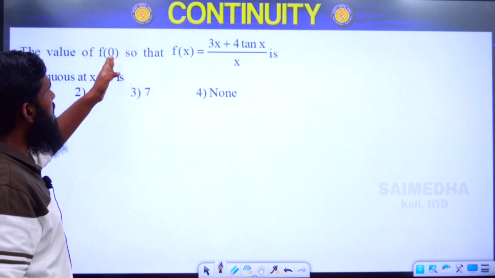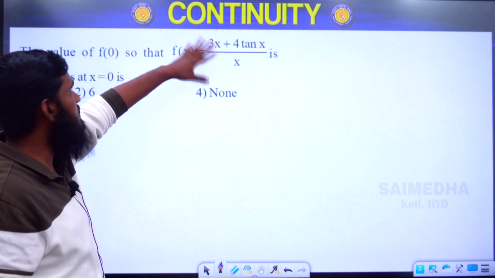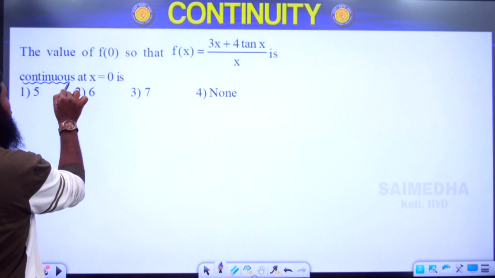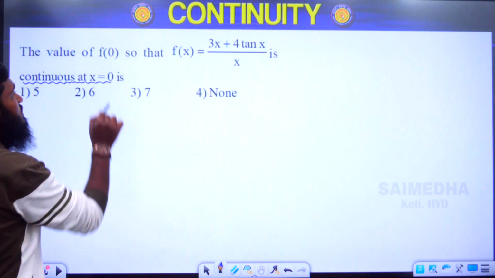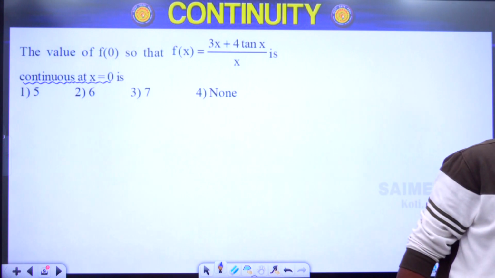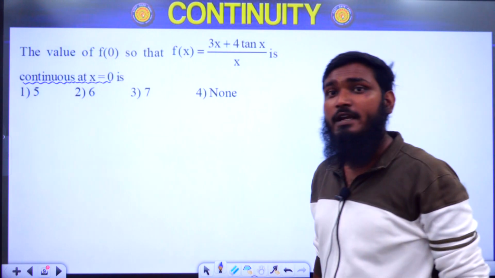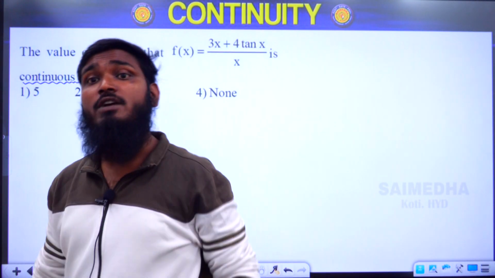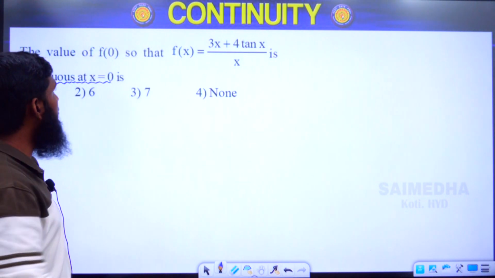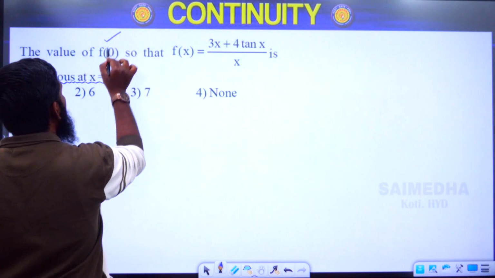The value of f of 0 such that f of x, as given, is continuous. Let us see this question carefully. In this question, it is already given that the function is continuous. So what do we have to find? We have to find the value of the function.